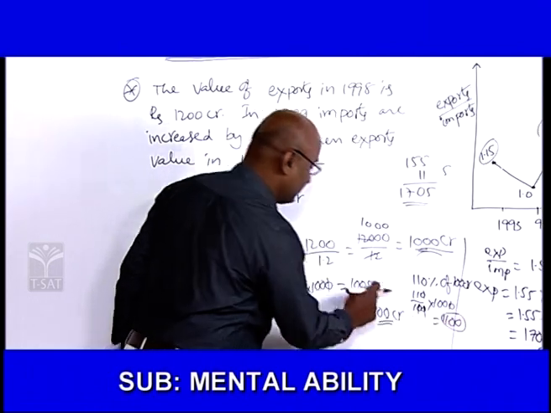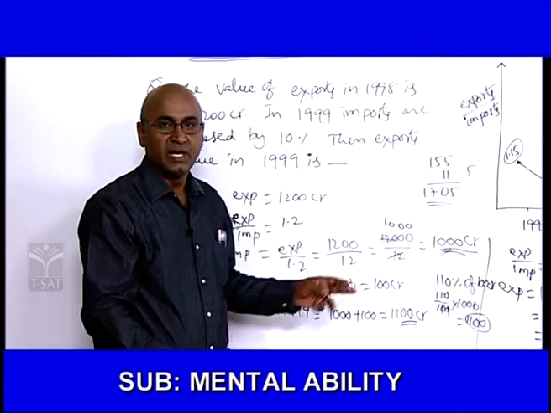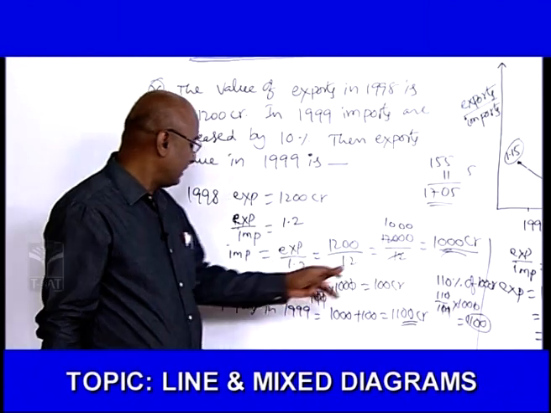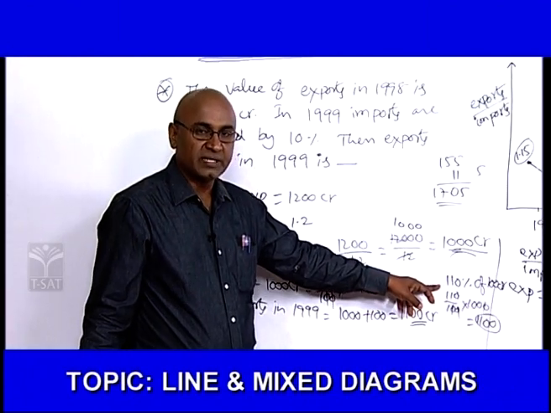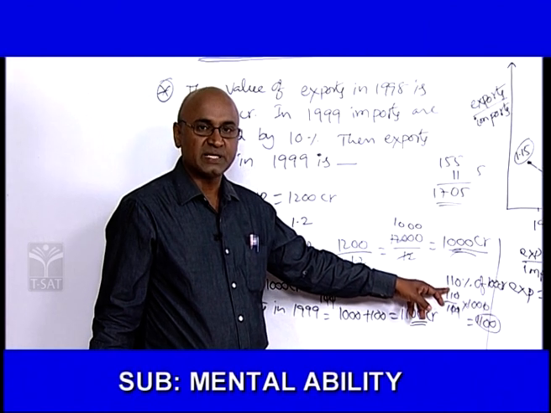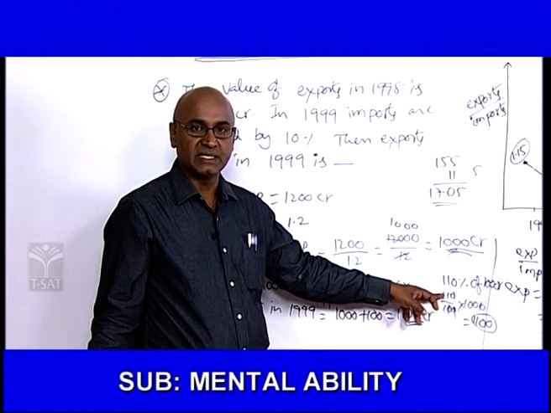So instead of doing all these things directly, we can get the value. Imports in the year 1999 is 110% of the imports of 1998. That is equal to 110% of 1000, that is equal to 1100 CR.